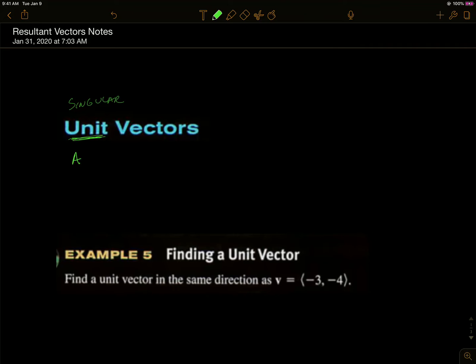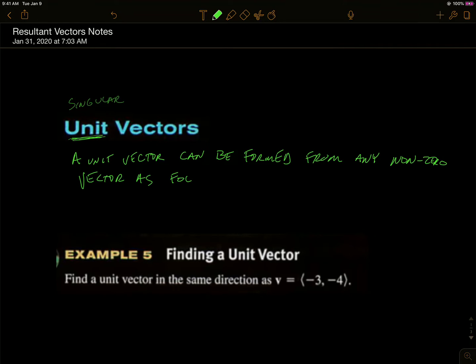A unit vector can be formed from any non-zero vector as follows.